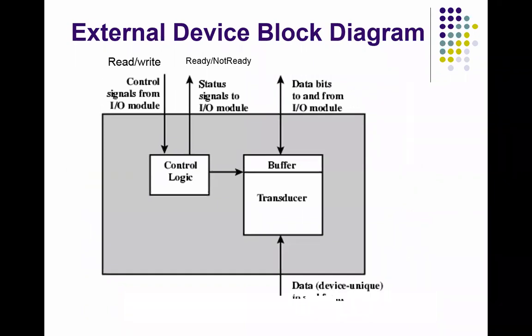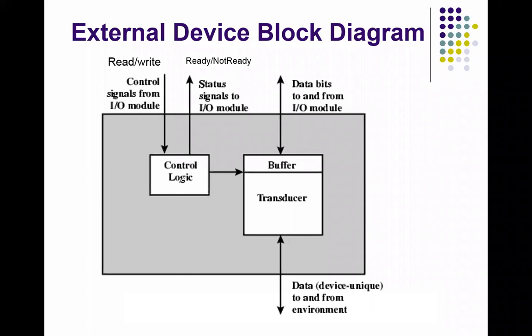So here is the external device block diagram. All the concepts are very easy. I hope you are all getting it. In this block diagram, you will find one control logic.